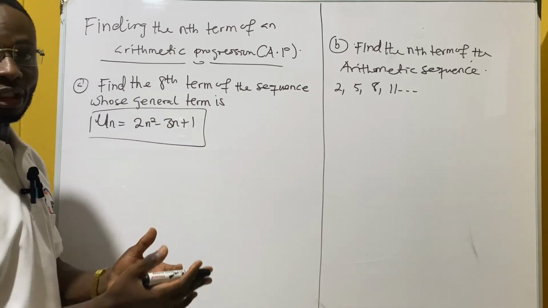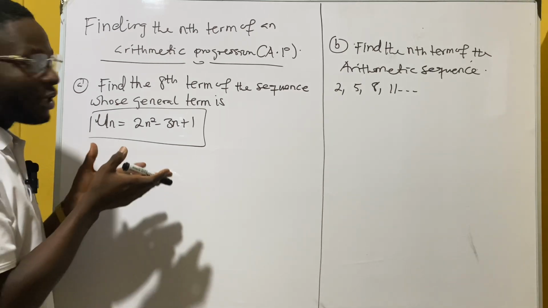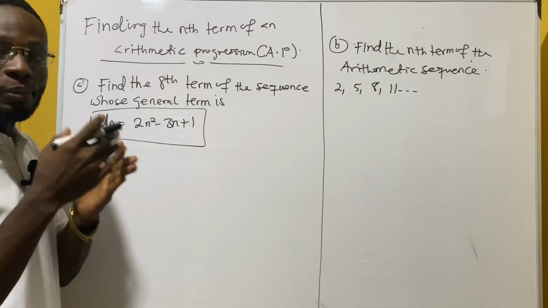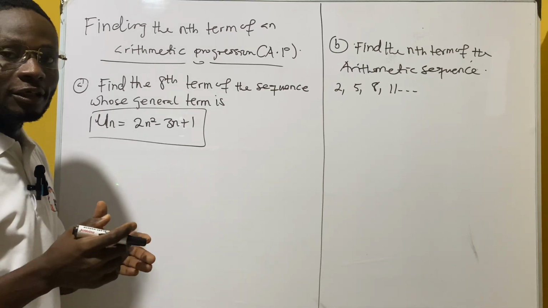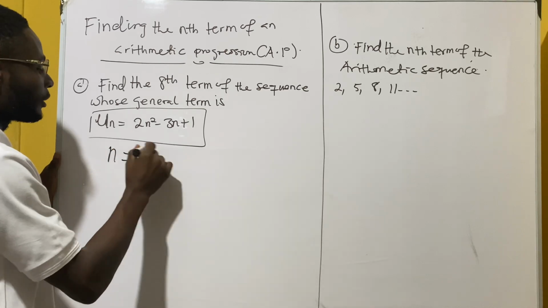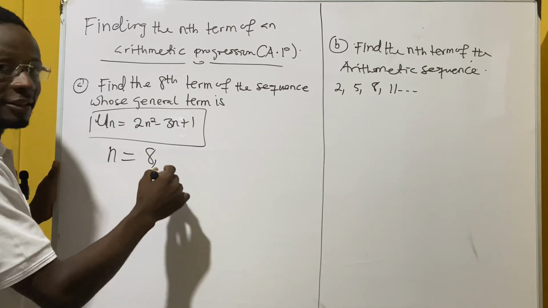Once we are asked this question, the next thing to do is to know what the eighth term is. The eighth term represents our n, so our n here is equal to 8. Once we denote that, the rest is substitution.